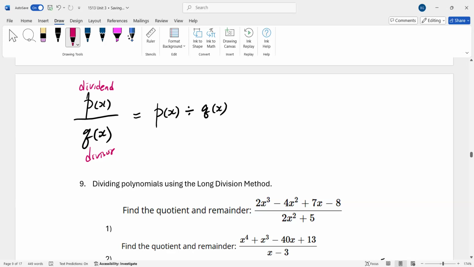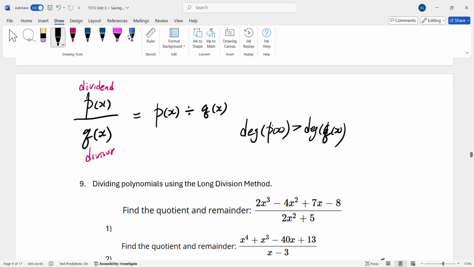And we only talk about when the degree of the dividend, we use P of X dividend, is bigger than or equal to, or most of the time actually just bigger than, the degree of the divisor, Q of X, okay?